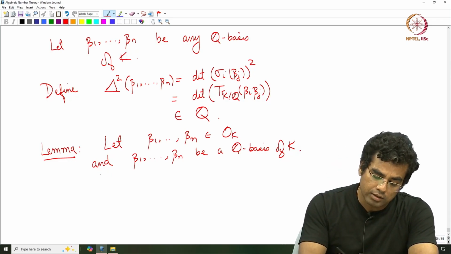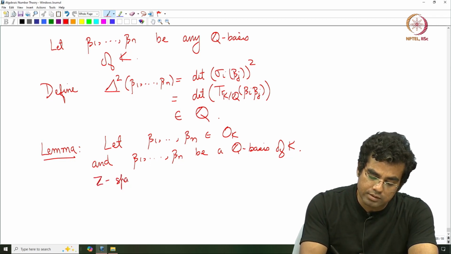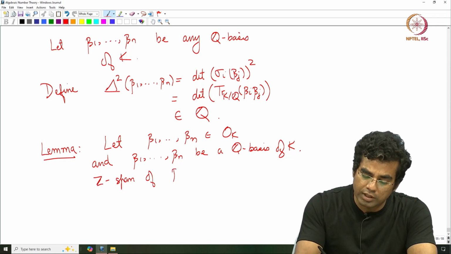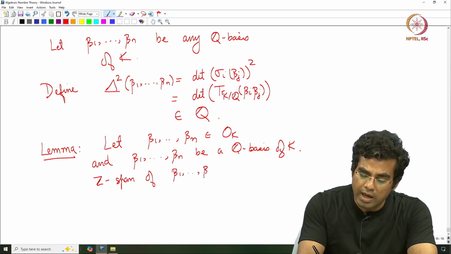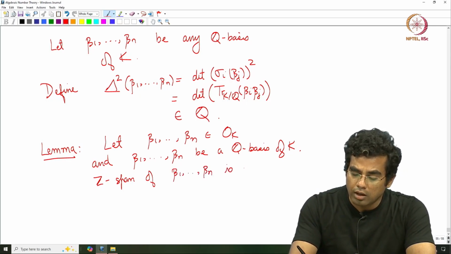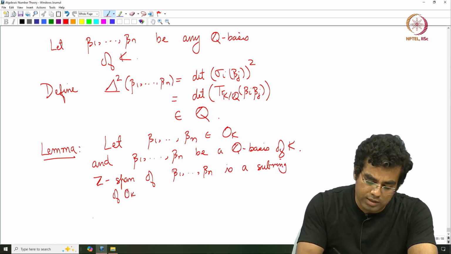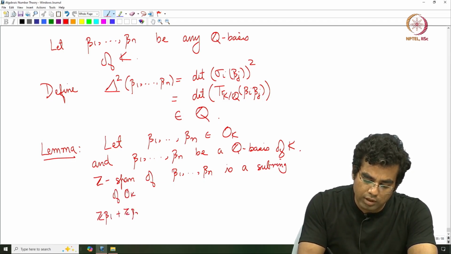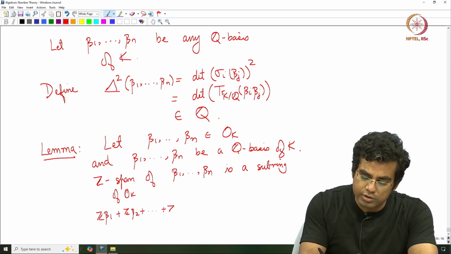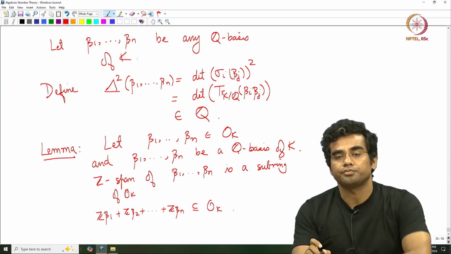So, if I take the Z span of beta 1 up to beta n, it is a subring of OK, right. What I mean is that Z beta 1 plus Z beta 2 and so on up to Z beta n, this is contained in OK, right.